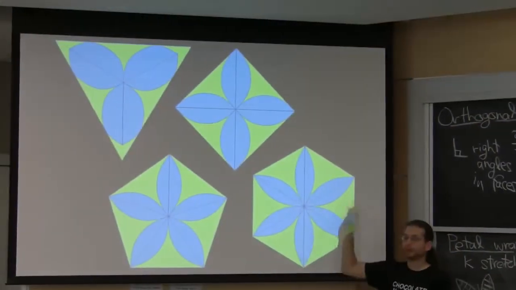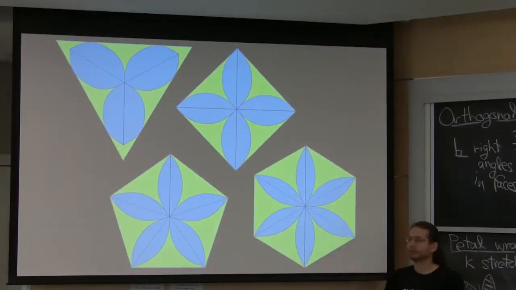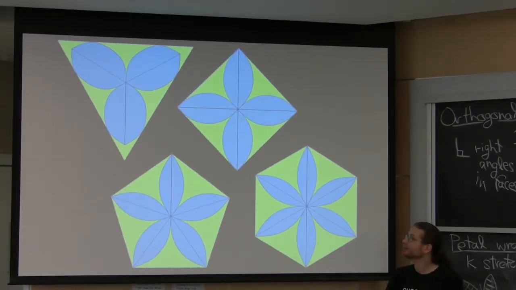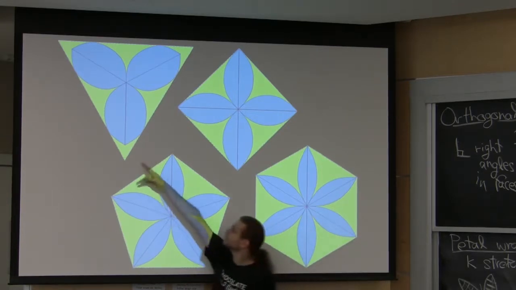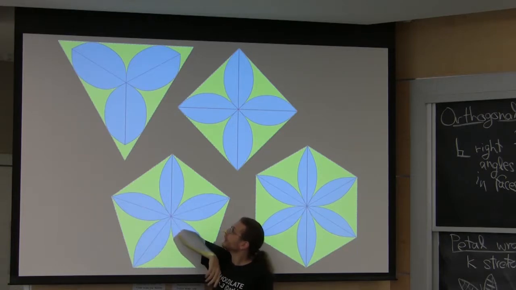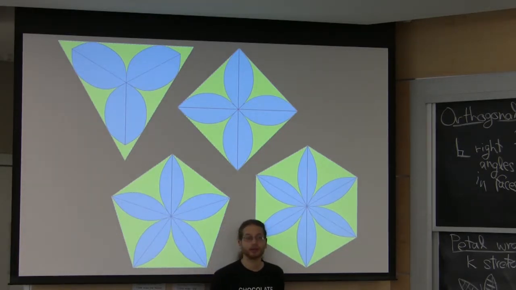So this is 2 families of wrappings. We call the blue stuff the petal unfolding. The yellow is the convex hull of the petal unfoldings. Not quite, actually. So in the case of k equals 3, we could think about convex hull, but what I've drawn here is the smallest enclosing equilateral triangle.